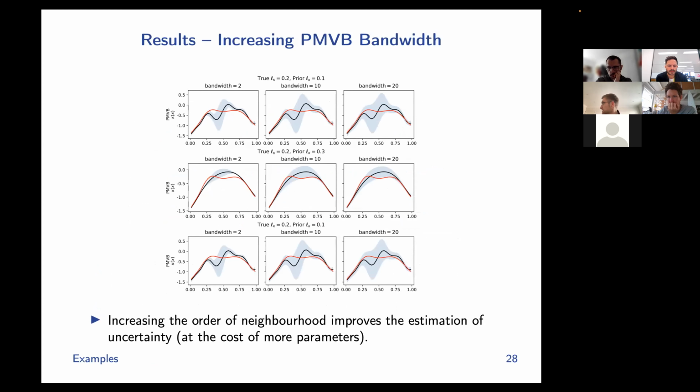Another experiment we did was increasing the bandwidth, i.e. increasing the neighborhood structure, considering more neighbors. As expected, with an increasing number of neighbors, we can capture more dependencies in the data, which is reflected in capturing the uncertainty better.